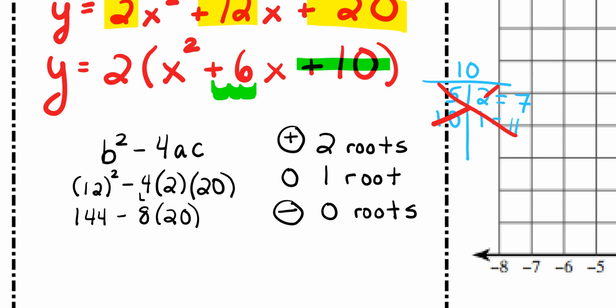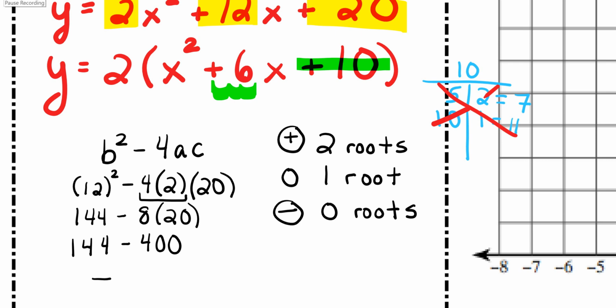I multiplied these two together first. Going one step further, 8 times 20 is going to give me 400. And now 144 minus 400, well, I'm definitely getting a negative here.